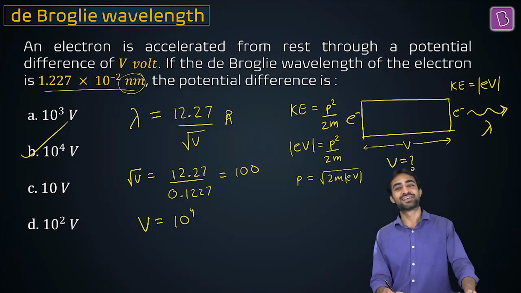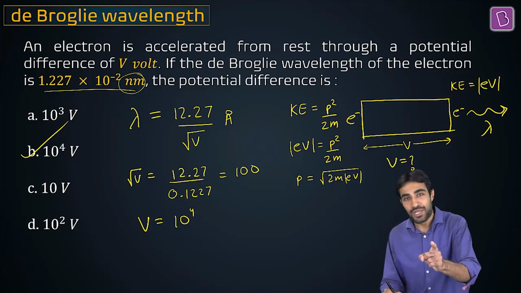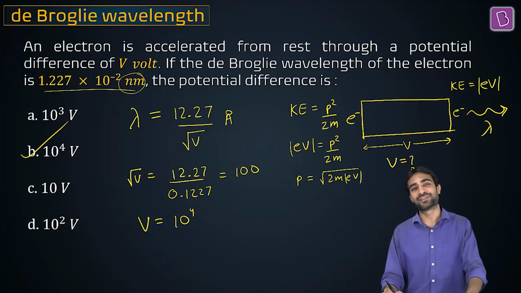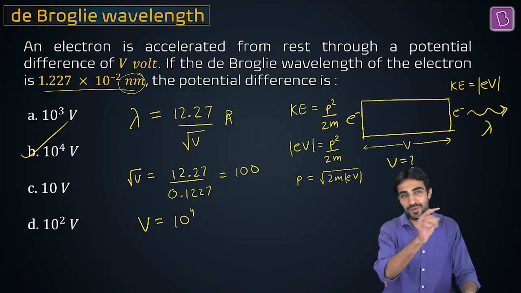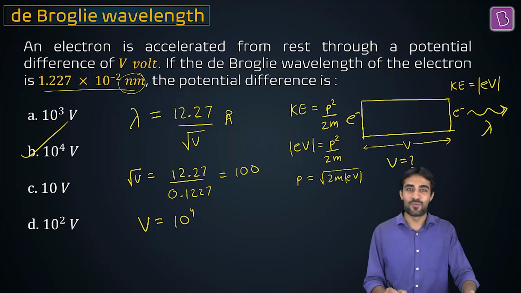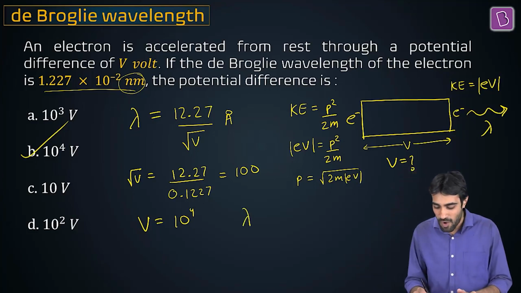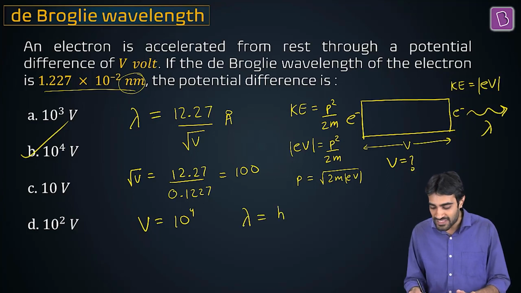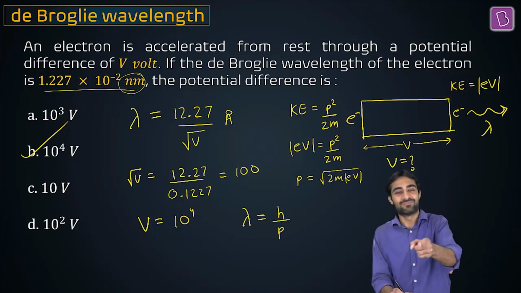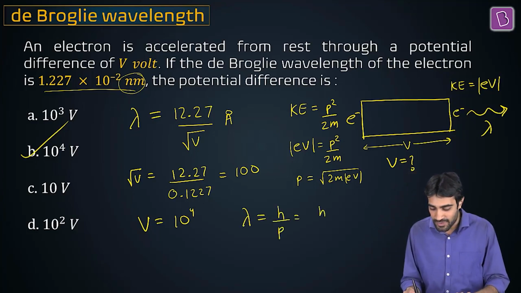Now once you know the momentum, you know the de Broglie wavelength. Do you remember the formula for de Broglie wavelength? The formula was lambda is equal to h by p. Exactly. And when we put the values, we are getting h by under root of 2meV.